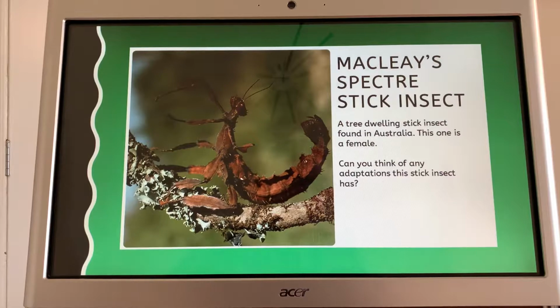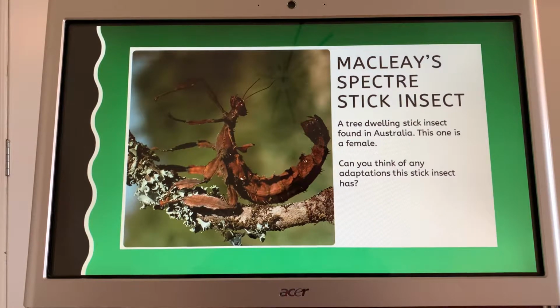Looking at another insect, Maclay's spectre stick insect, a tree-dwelling stick insect found in Australia. This one is a female. Can you think of any adaptations this stick insect has? Or can you see anything about its body that may have adapted for survival over years and years and years?